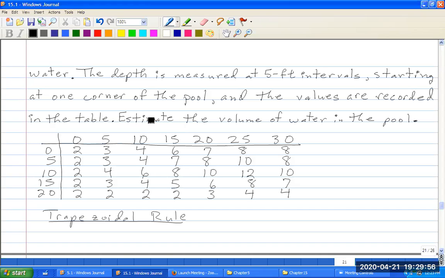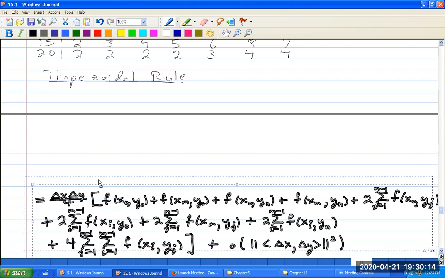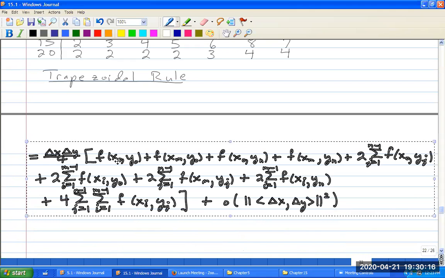The thing is, we don't have a function, so we can't integrate, because there's no function to integrate over. So I can only do an approximation. Okay, is that clear? I'm sort of stuck because I don't have anything else to do. And so this is my trapezoidal rule.